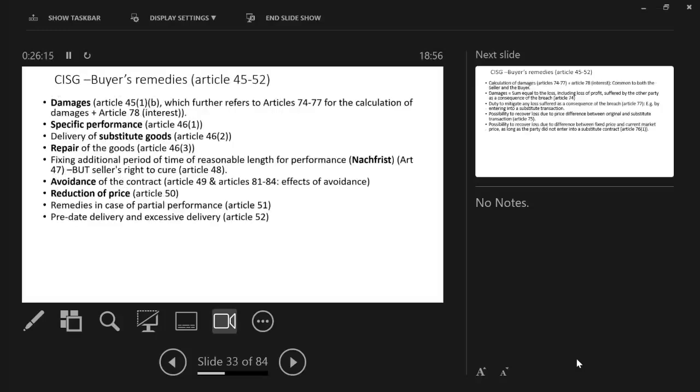Remedies are generally going to be damages, but in some cases, the opportunity, particularly for the seller, to either deliver substitute goods or to repair goods, or in some cases to actually replace.